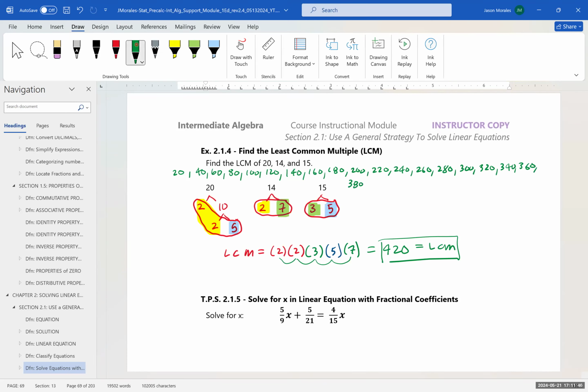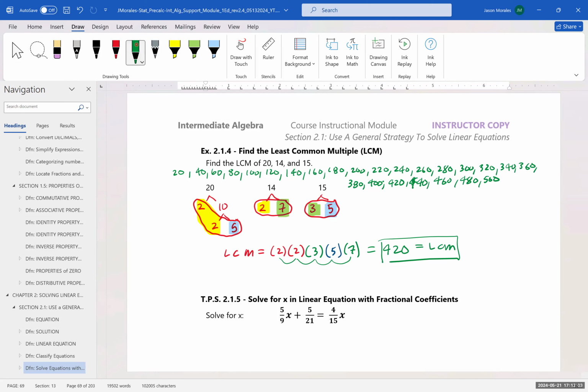Of course, I'm going fast. We know it's 420, but you might actually have to keep going because you don't know what it's going to be. So you write all those down.